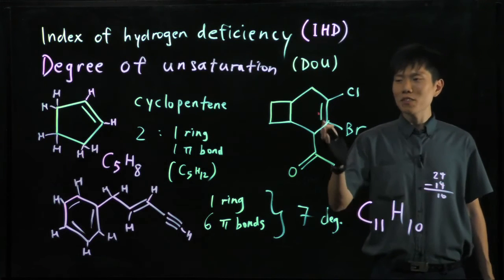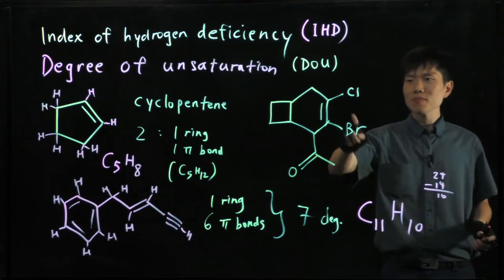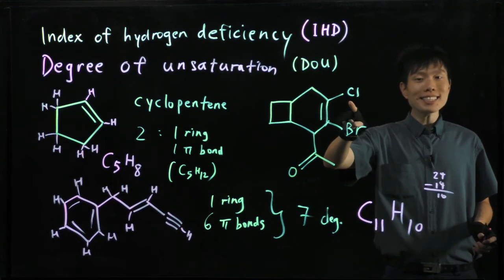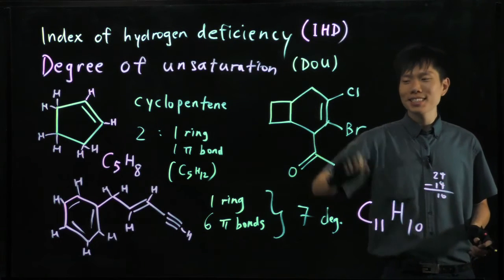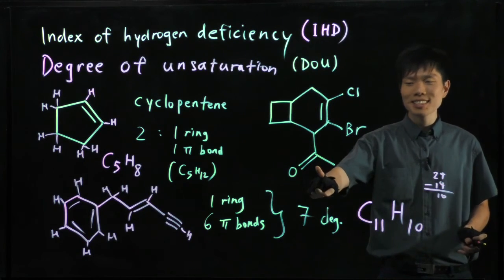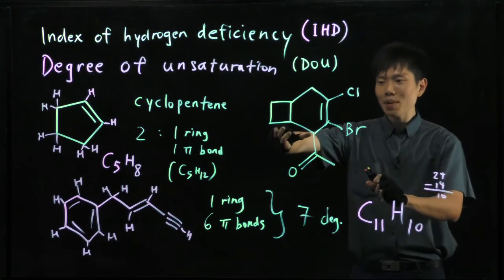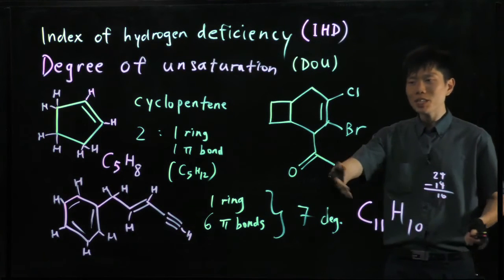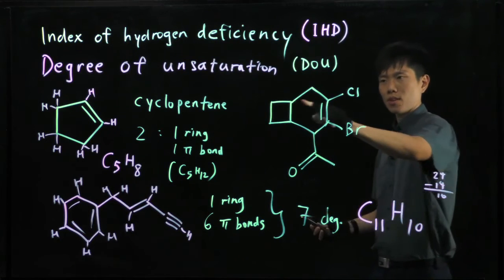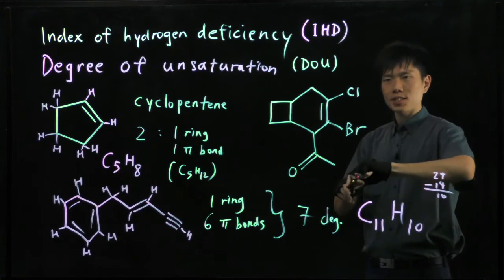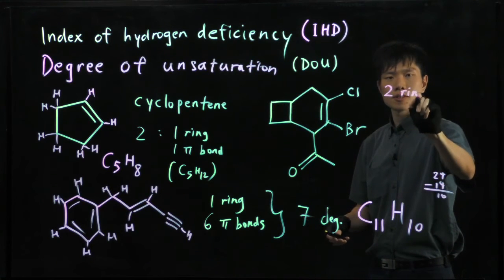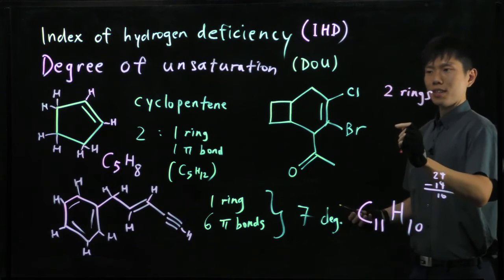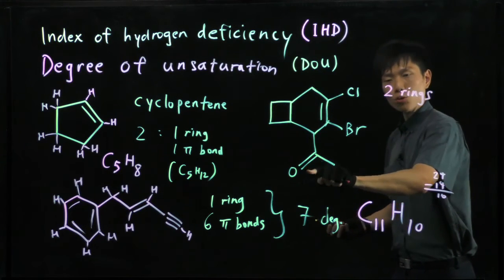Again, let's recognize what are the functional groups. Halogen alkane, alkene, and this is a ketone. Carbon, C=O double bond, carbon. You see, it's a ketone. So how many degrees are there? 1 and 2 rings. Pi bonds, 1 and 2.